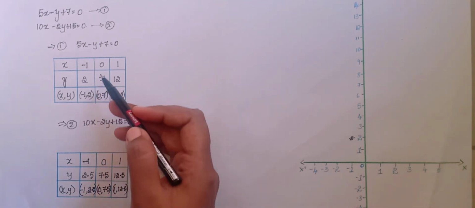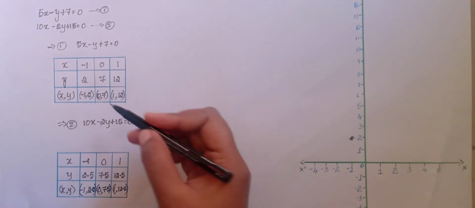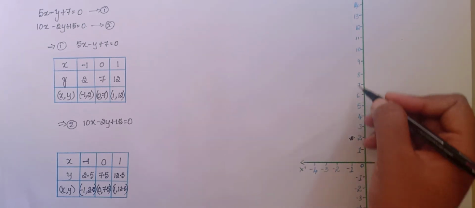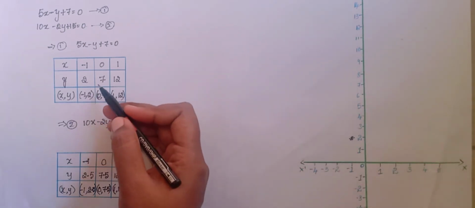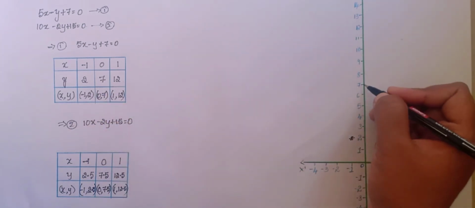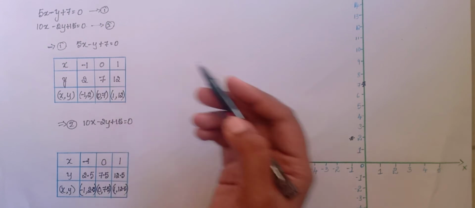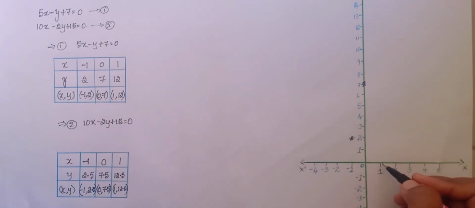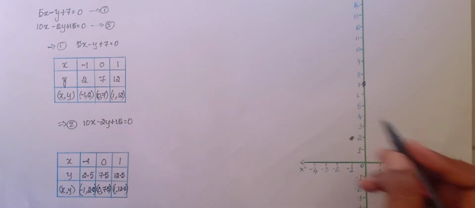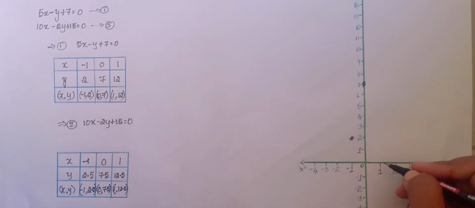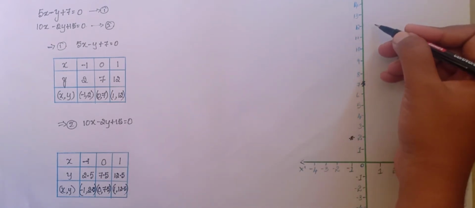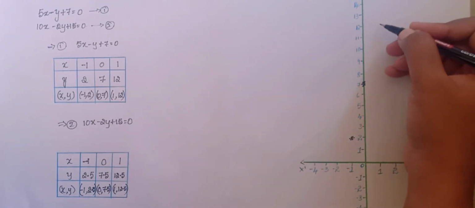Next one, 0, 7. The x value is 0, which means it will be on the y axis only. Where we are getting 7, here we are getting 7. For the next one, the x value is 1, positive, here only we have, and the y value is 12. Here we have 12. So here we are going to get this point.